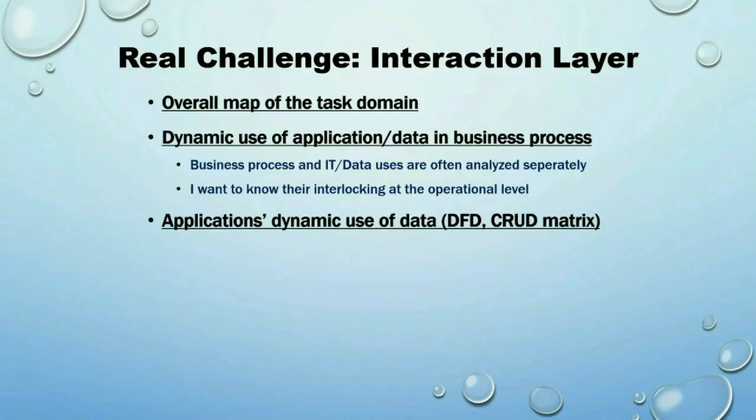Here it shows which application is going to create, read, update or delete data. Finally, here's the tough issue: how do various subsystems and data items in an organization's IT infrastructure integrate with each other.